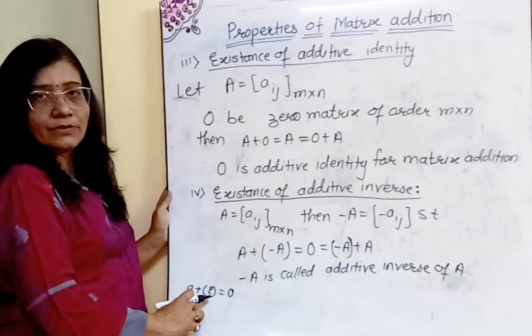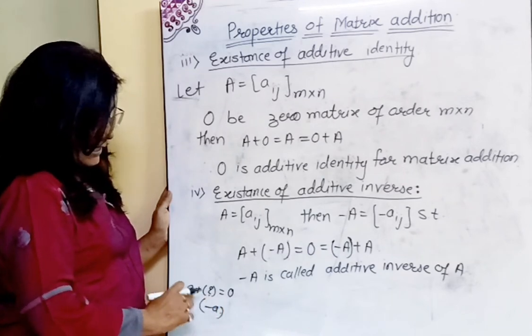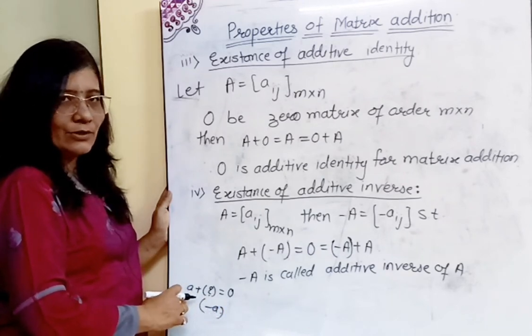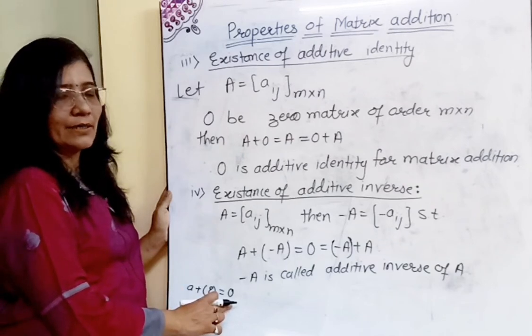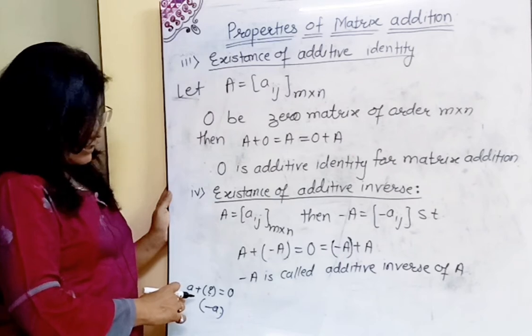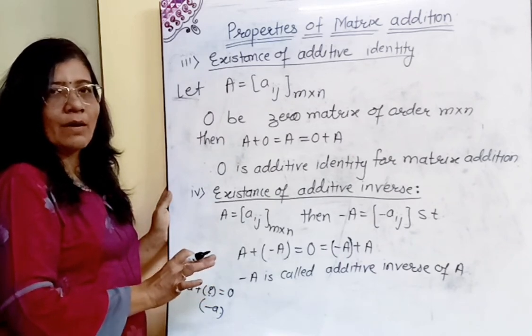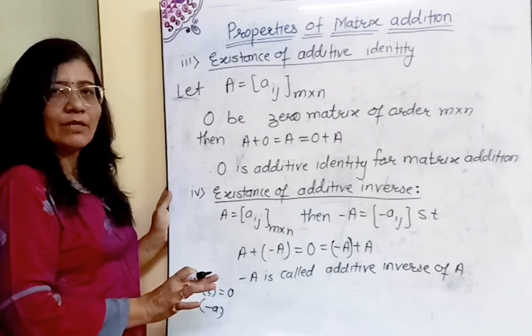It should be minus A. So if minus A is added to A, we get the additive identity. So this minus A is called the additive inverse of A. This is the basic concept for real numbers, and you are familiar with it.